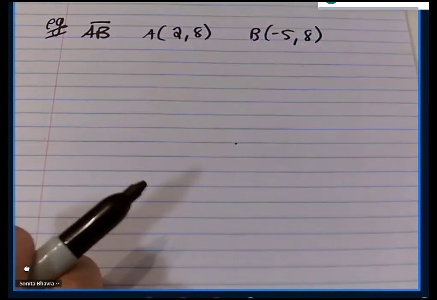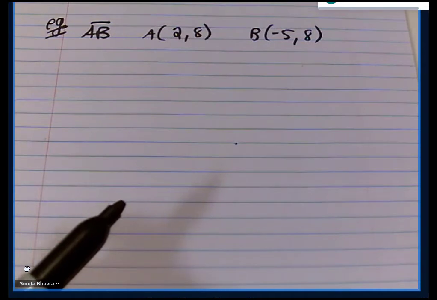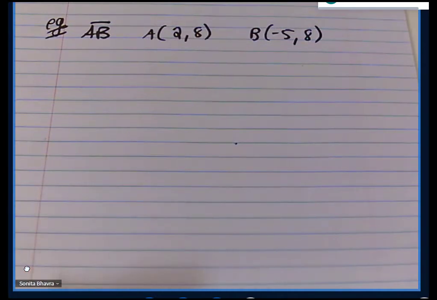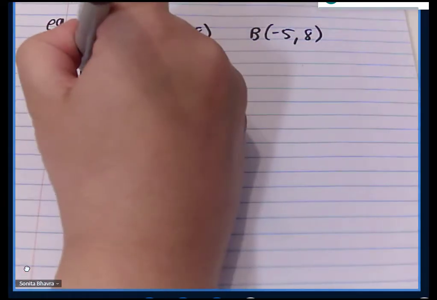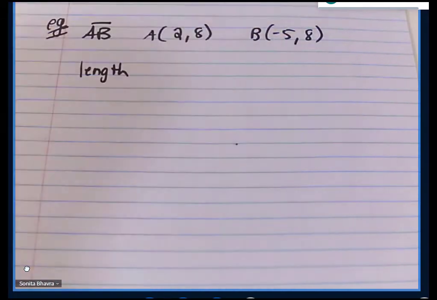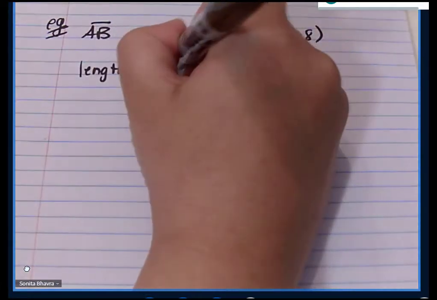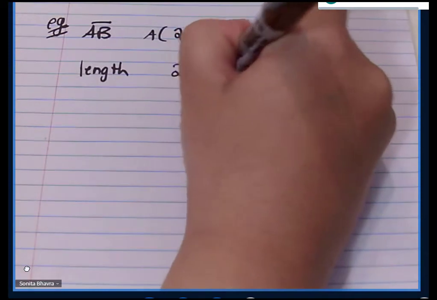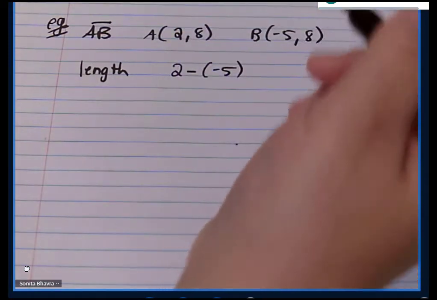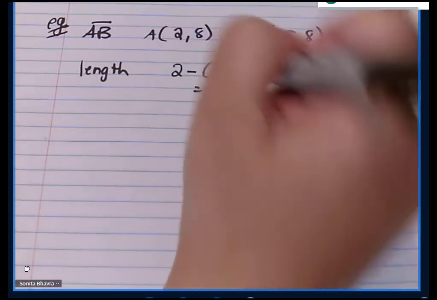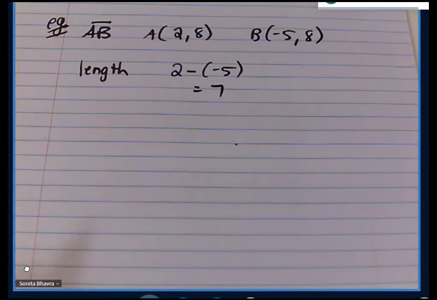If those are the endpoints, what we can do to determine the length of this line, because it's horizontal, is subtract the two x coordinates. So we can subtract 2 minus -5, and we get an answer of 7. So the length would be 7 units.